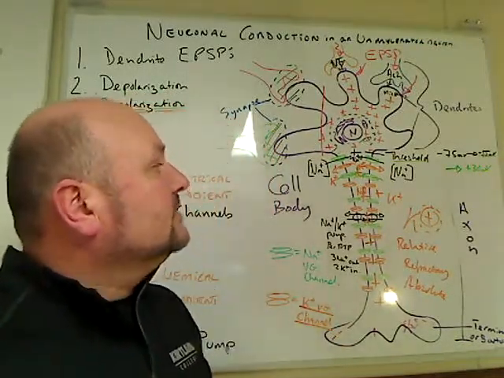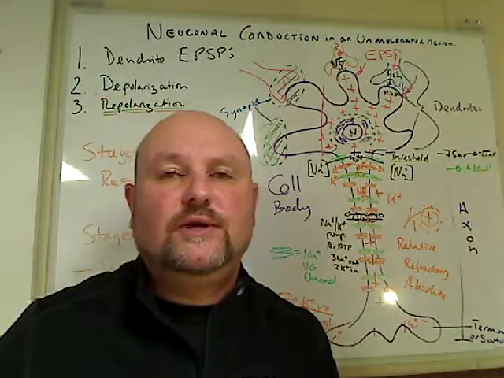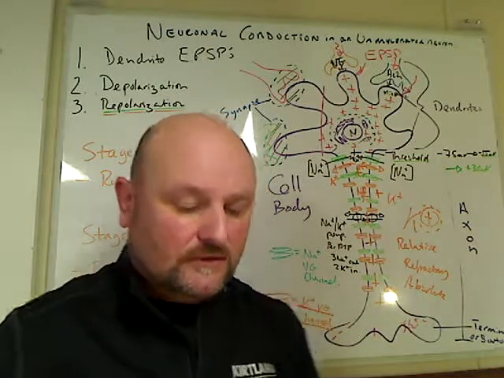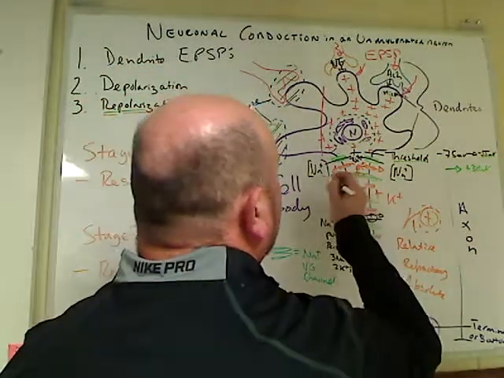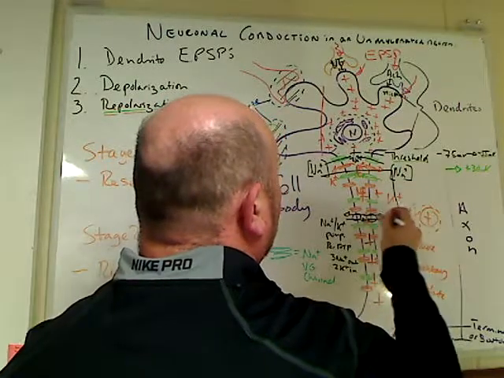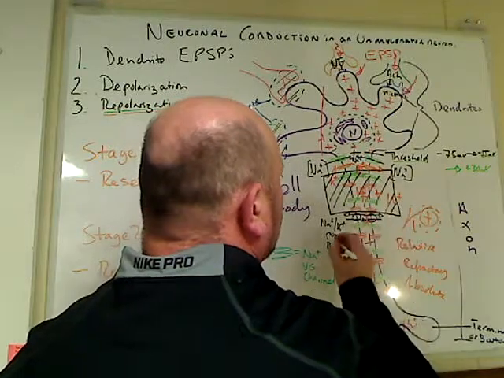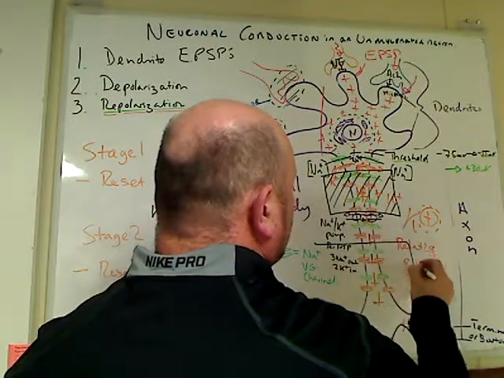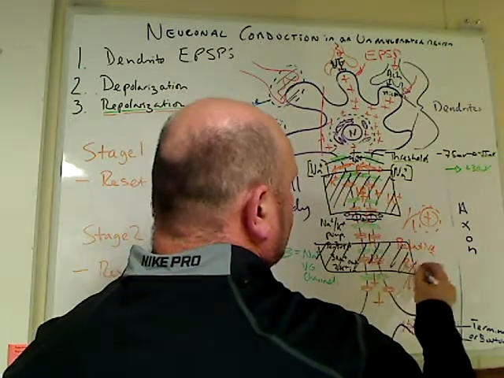And the last thing to really think about is, well, what happens when the axon is myelinated? Well, in that case, that's myelinated there, and you've got another section myelinated here.